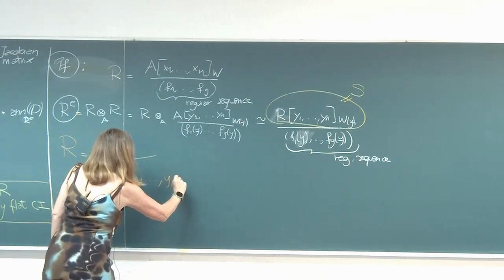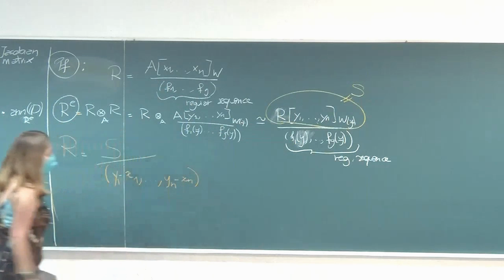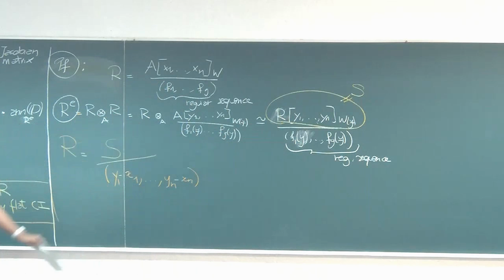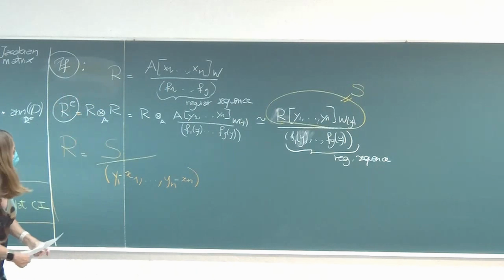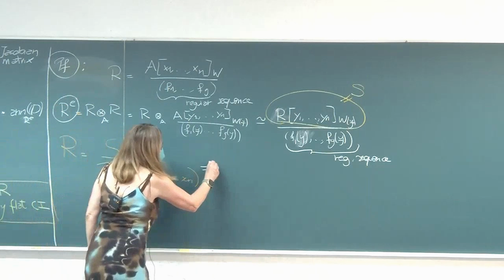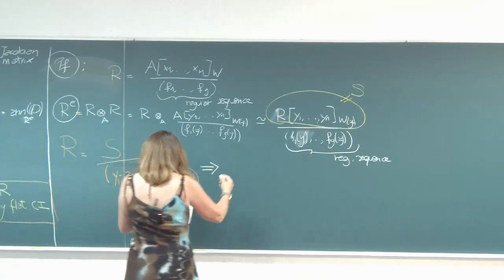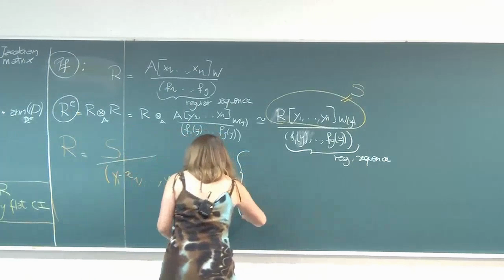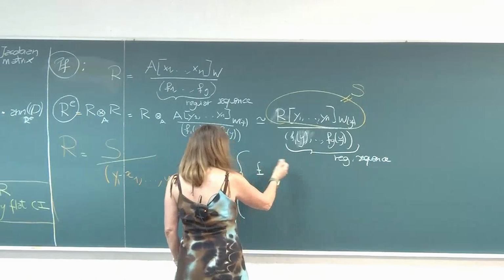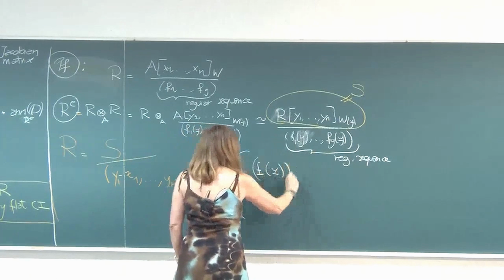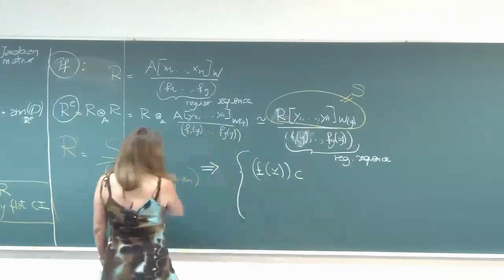So this is simply the ideal y1 minus x1, where let me call the small x's the images of the big x's inside R, up to yn minus xn. So this is going to be simply your R. And if you think that R is obtained by putting y equal x, because then you get the same R, and you tensor over A, so you get R, then two things are clear right away when you write this.